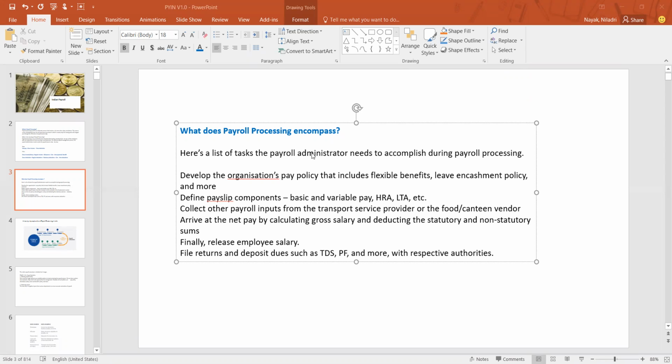Or sometimes a payroll specialist, if it is a very large organization and you have very complex scenarios. Suppose for tax purposes, you have special people who will be responsible for filing all the taxes and statutory things.